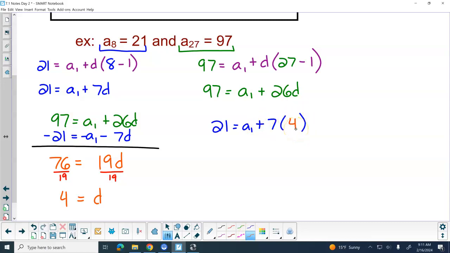Seven times 4 is 28. How do I solve that one for a sub 1?